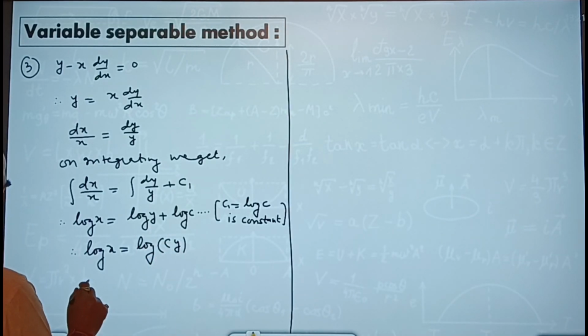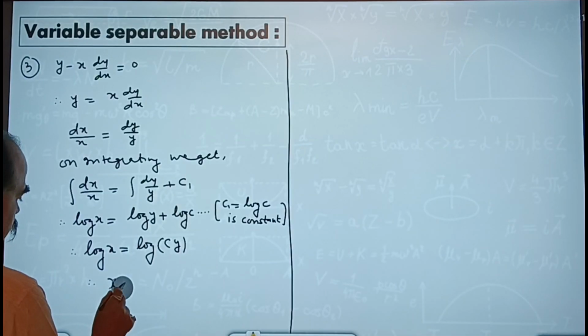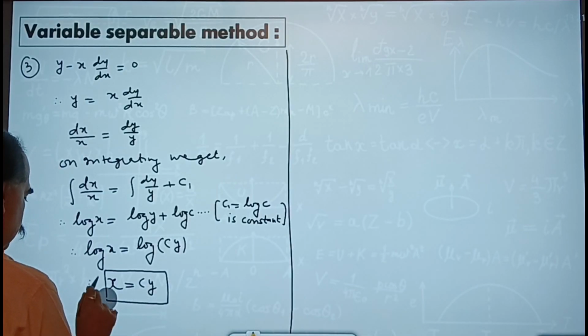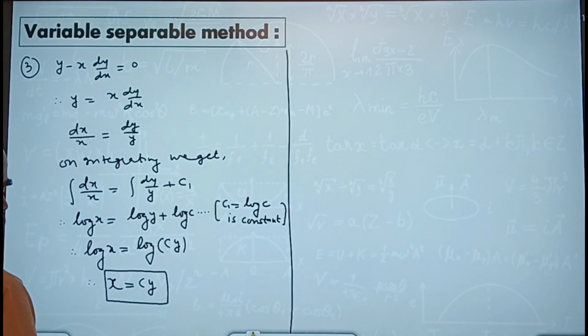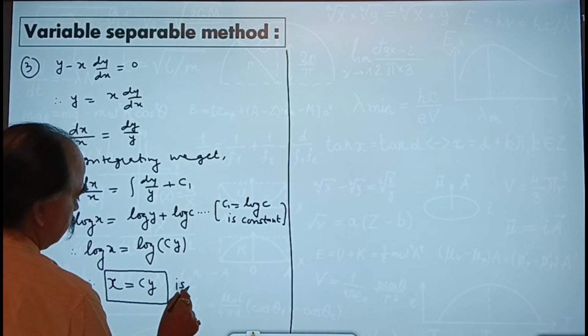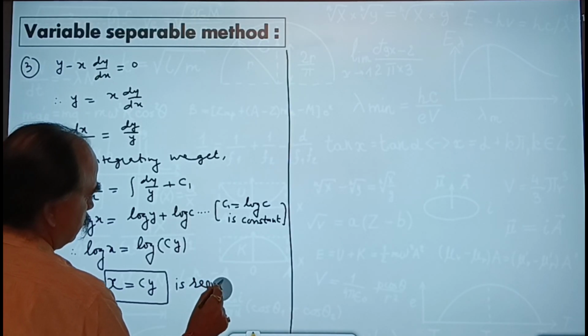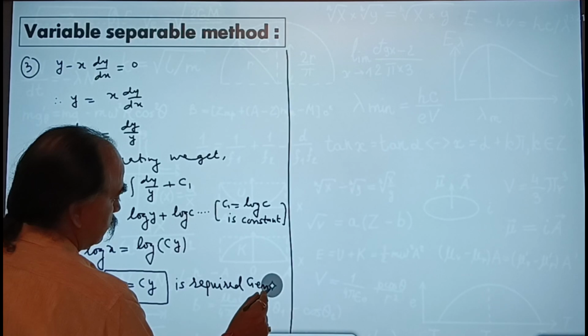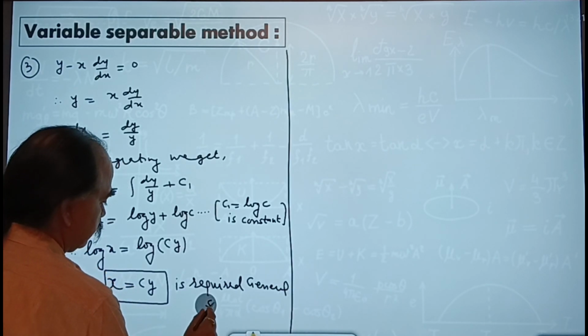Log x is equal to log of cy. This is the required general solution.